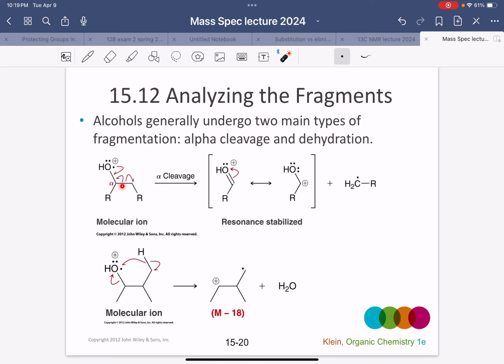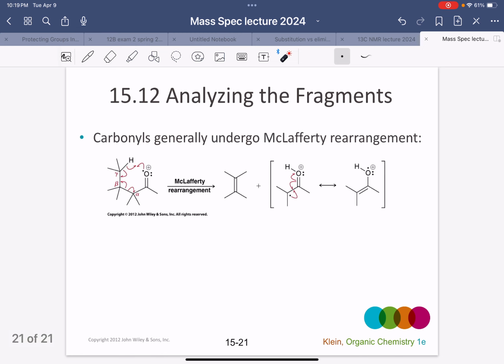So like an alcohol can undergo an alpha cleavage, where we cleave this bond here, and we get this ion here, this resonance stabilized ion. Or we could get a dehydration and lose water and get a molecular ion, in this case M-18, because the molar mass of water is 18. So if you see a gap of 18, it could be from losing water, if you know you have an oxygen in there.